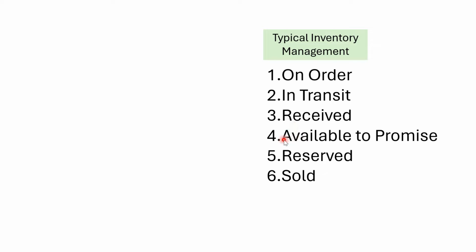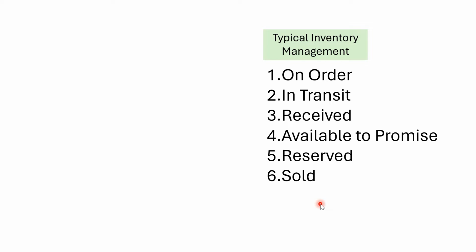And when the customer places the order, it goes as a reserve stock, and then when the customer pays for that order, it goes as a sold stock. So this is a cycle from the purchase until the product is sold. This is how the typical statuses of the product look.